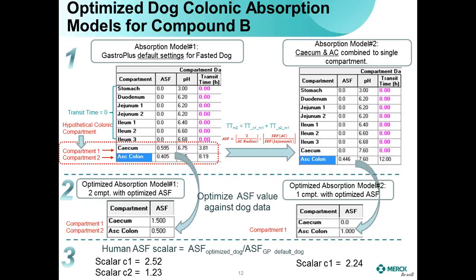Once we have this baseline model set up, we optimize both Model 1 and Model 2 against the dog PK data with colonically dosed formulation, as shown here in step 2, by adjusting the lower gut ASF values in each model. We obtain the ASF scalar that I mentioned previously for the human model in step 3, for both 1-compartment and 2-compartment models, by using the ratio calculated from optimized dog ASF against the default dog ASF.